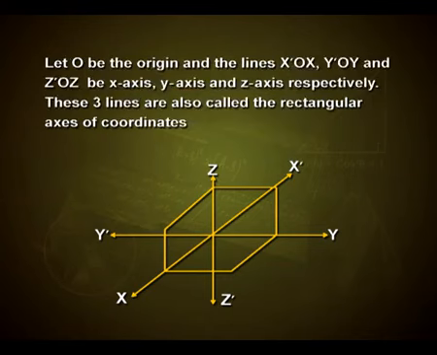Let O be the origin and the lines X'OX, Y'OY and Z'OZ be the x-axis, y-axis and z-axis respectively. These three lines are also called the rectangular axes of coordinates.